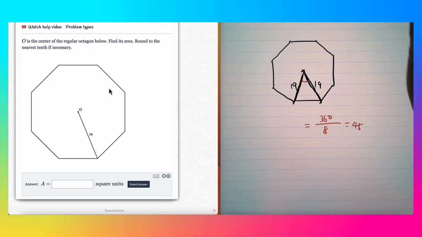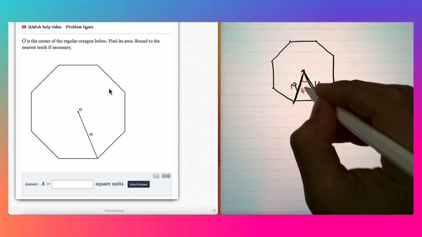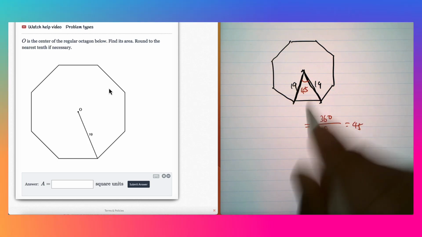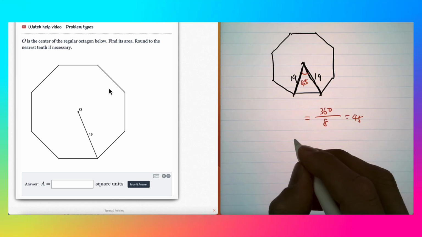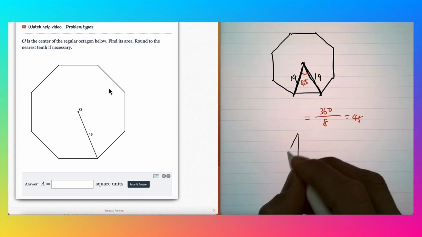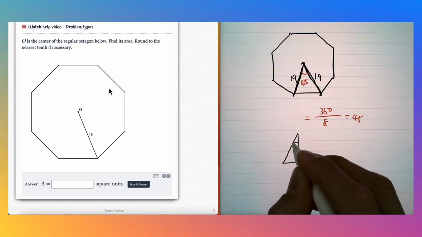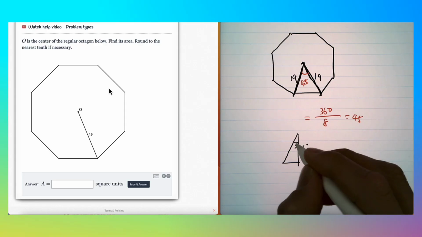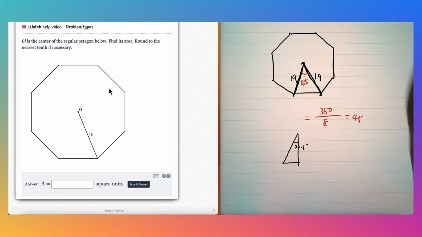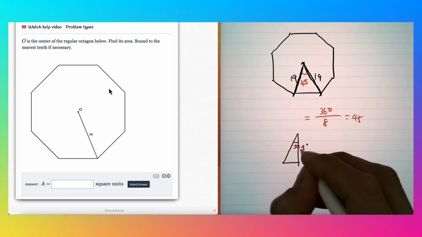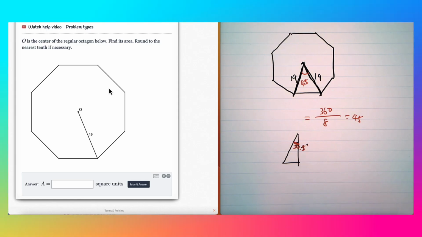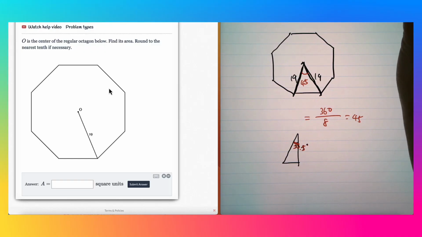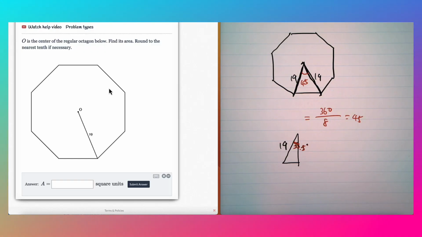Okay, so I'm just going to split that so I can draw a right triangle. So that means 45 divided by 2 will give you 22.5 degrees. So this angle here, 22.5 degrees. We're given the length 19 here.